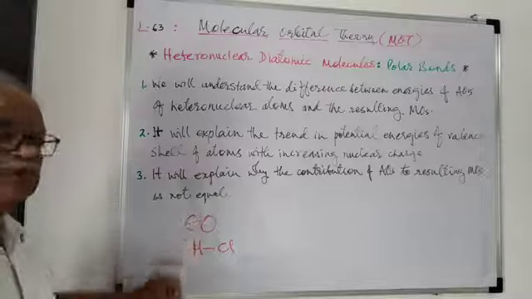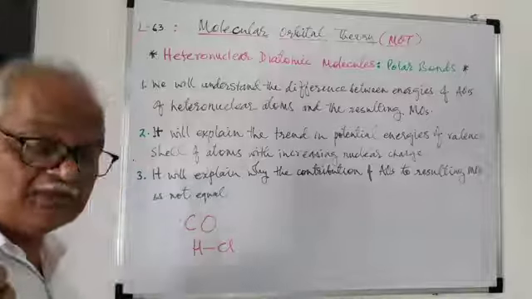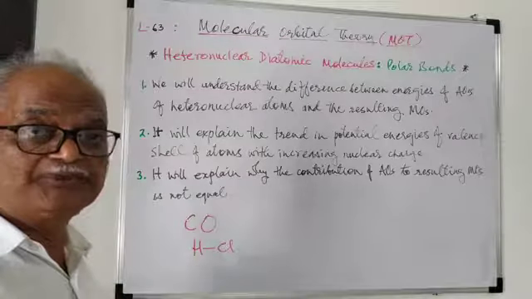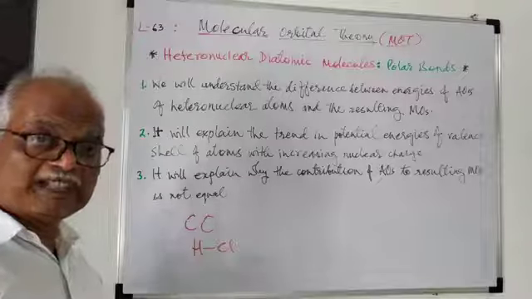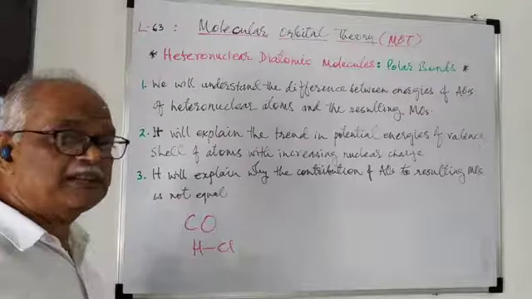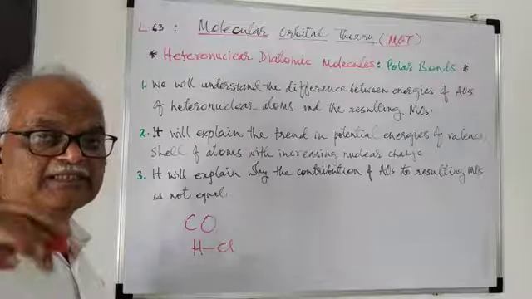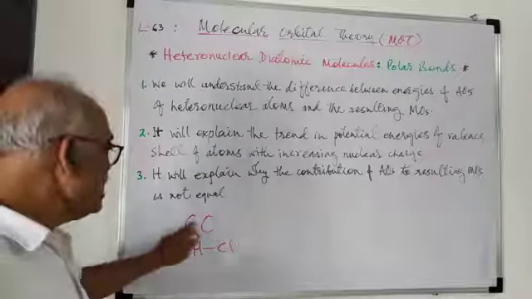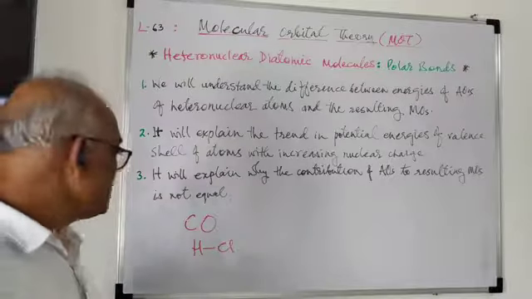Being two atoms of different nature or different electronegativity values, the contribution of the electron density from both atoms is different, or the contribution of the atomic orbitals present in the valence shell of both atoms is of different magnitude.